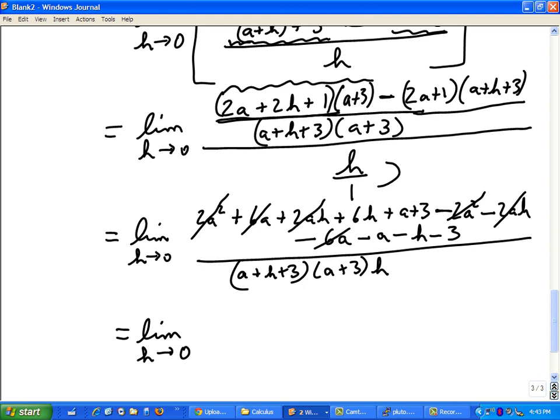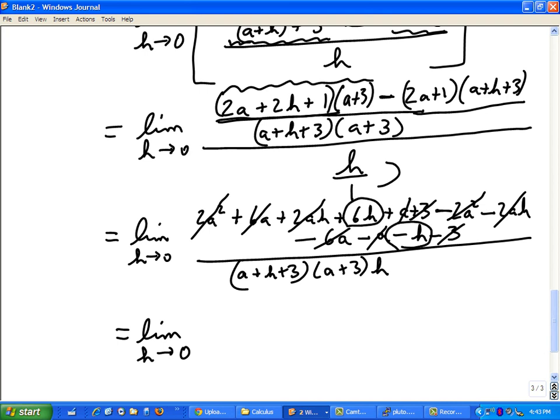And what's left? I don't think I can cancel anything more, but there's not much left. Looks like it's just 6h from here, minus h, 6h minus h, I think that's 5h most of the time. That's all that's left. Divided by, well, there's a bunch of stuff downstairs.